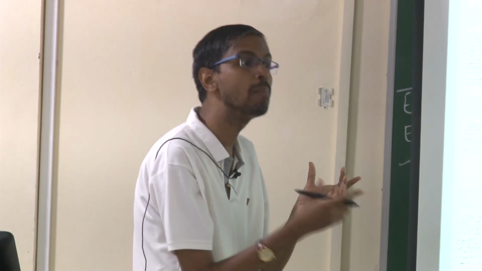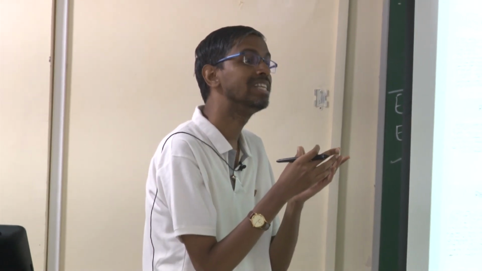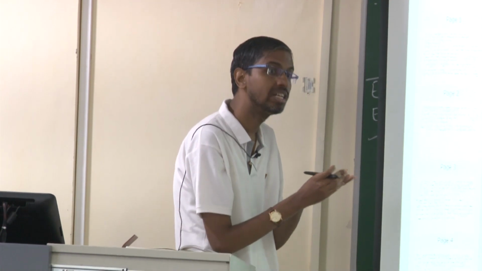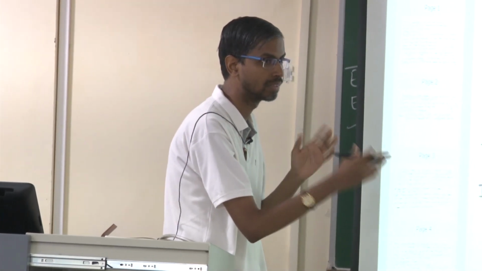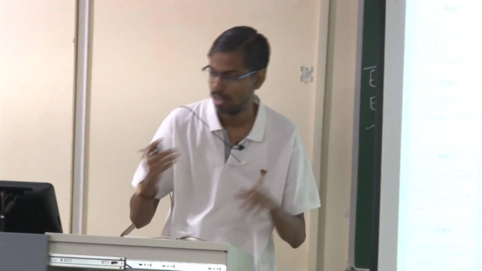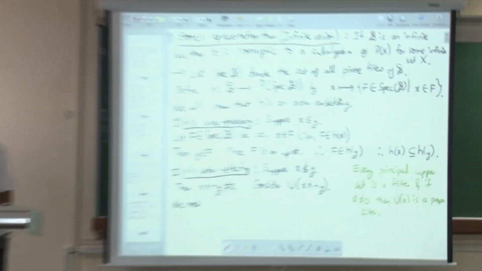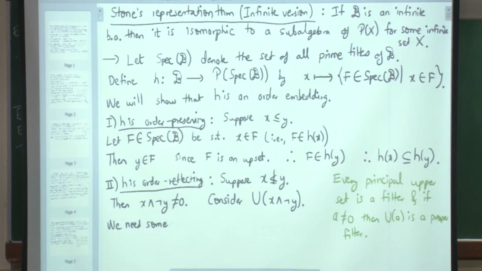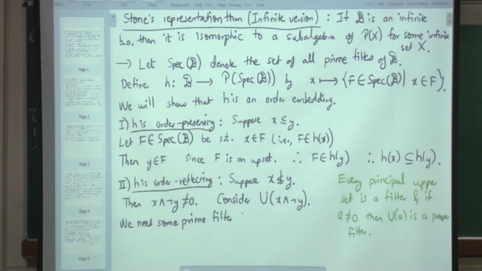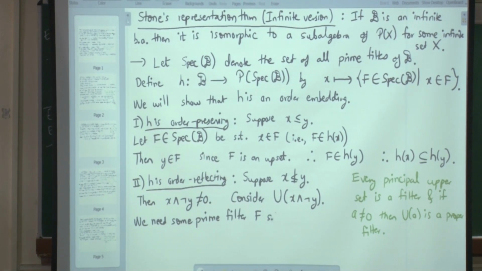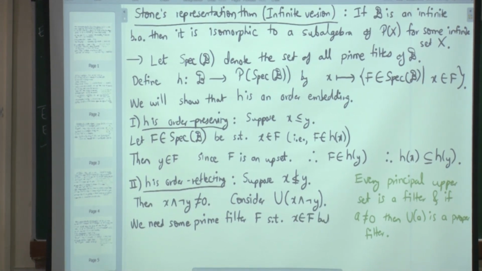Which means we need a prime filter which contains x but which does not contain y. Understood? Okay, so we need some prime filter f such that x belongs to f but y doesn't belong to f.